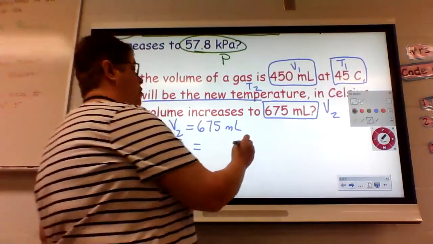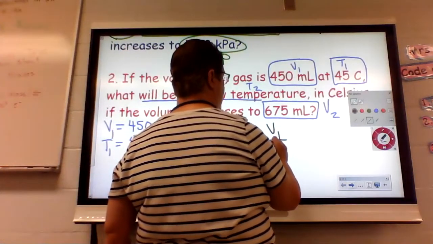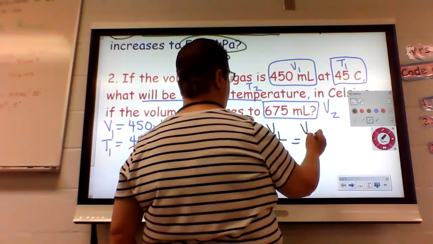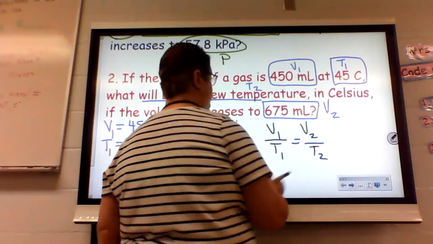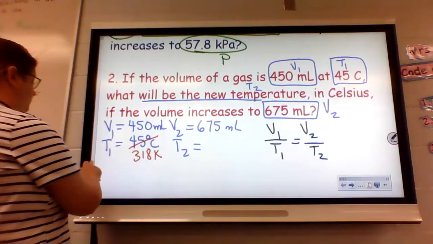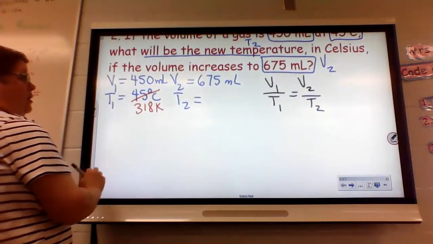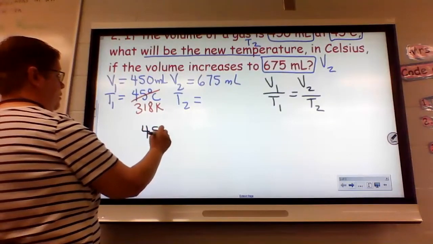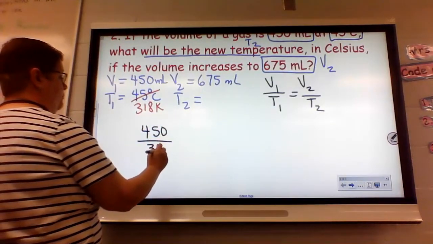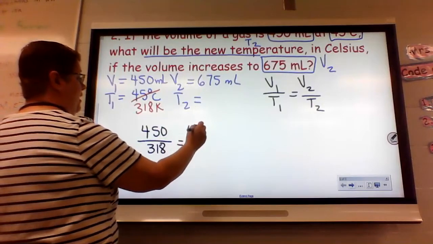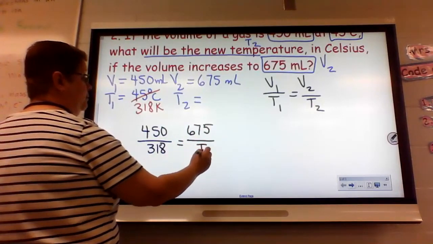Pressure. So we want V1 over T1 equals V2 over T2. My volume 1 is 450 over 318 for T1 equals 675 over T2.